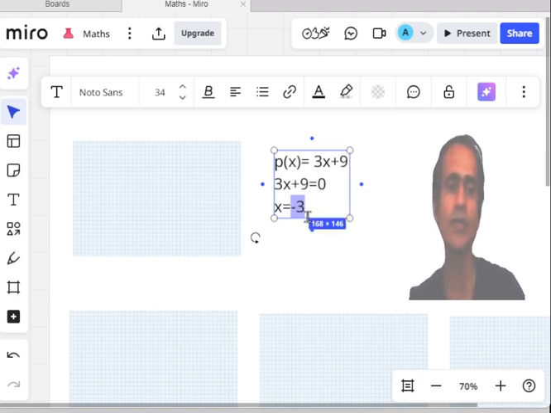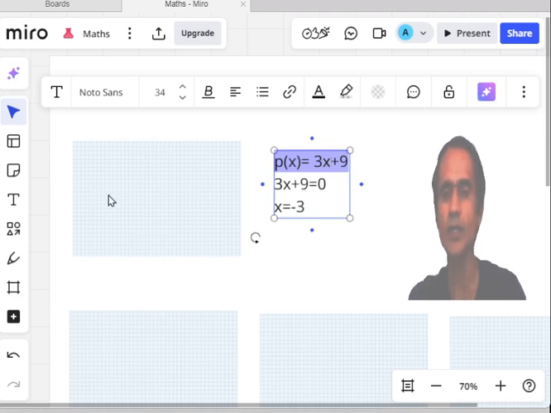So now we will study what this 0 means geometrically. Geometrically means, see, we have this equation, whether it is a linear, quadratic or cubic equation.